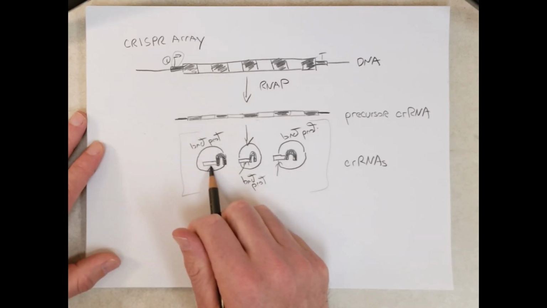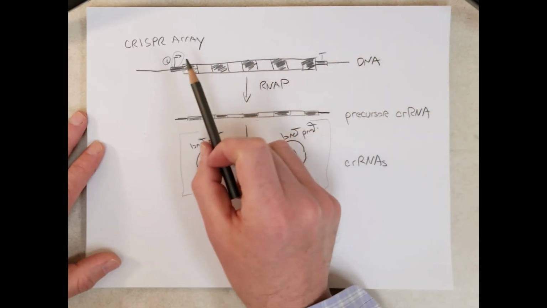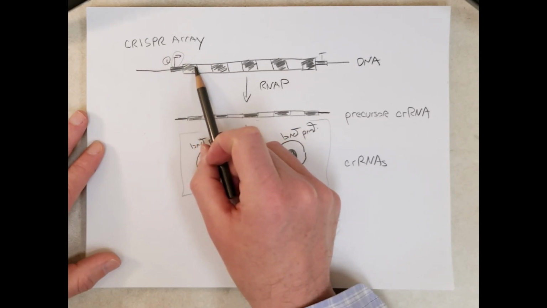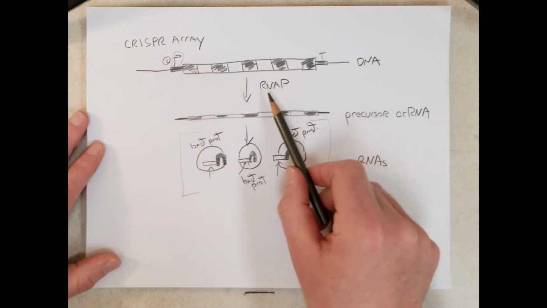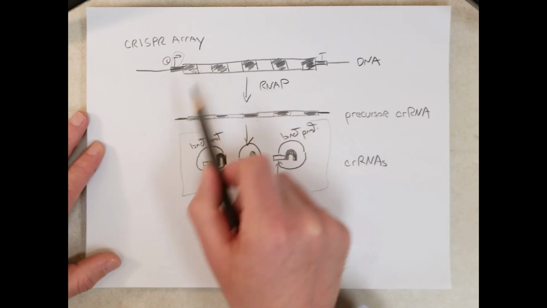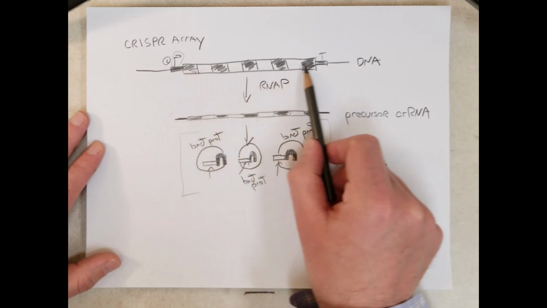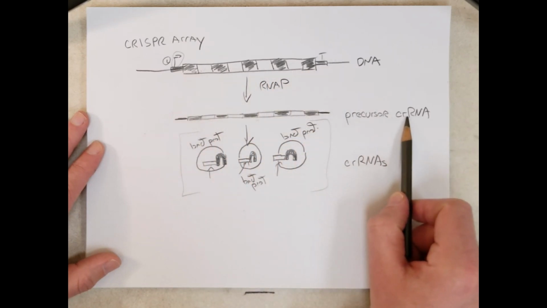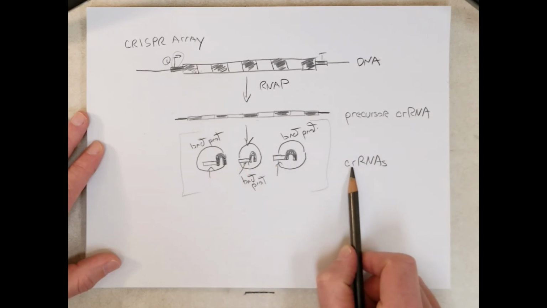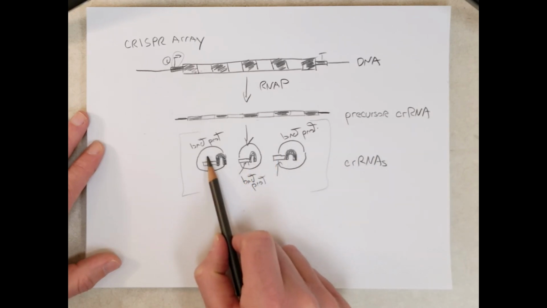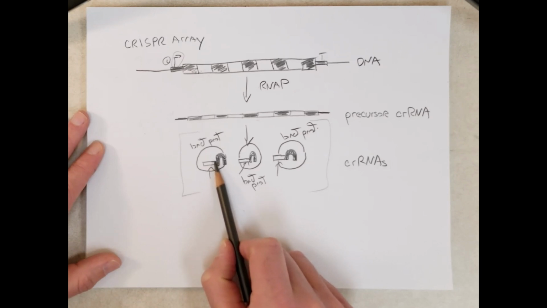Viral DNA, right? Because remember, during the CRISPR adaptation step, parts of the virus were taken and put into the CRISPR array. So now, when the CRISPR array is transcribed into the precursor CRISPR RNA, and the precursor CRISPR RNA is processed into individual CRISPR RNAs, those CRISPR RNAs are picked up by bacterial proteins and used to scour the cell for viral DNA sequences.